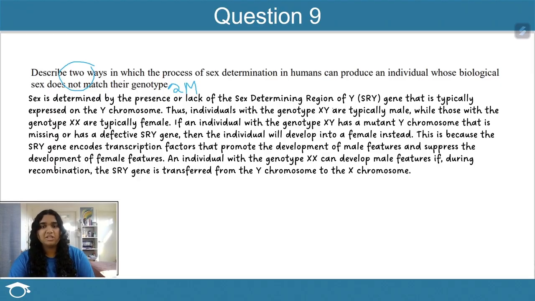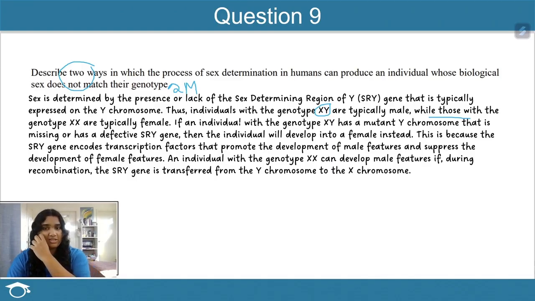So individuals with a genotype of XY are typically male because they have the gene that turns on the formation of male sex organs. Whereas those with the genotype of XX are typically female because they don't have that gene. They just end up developing the default female sex organ characteristics.